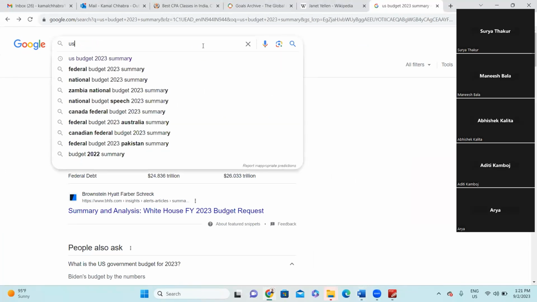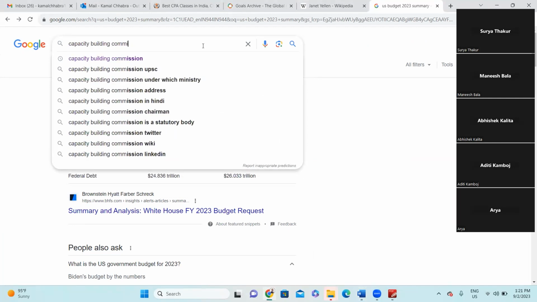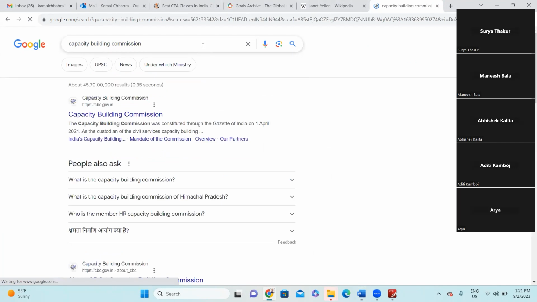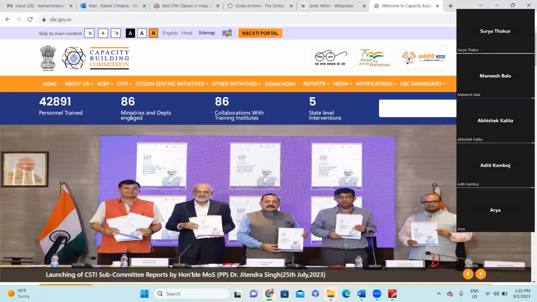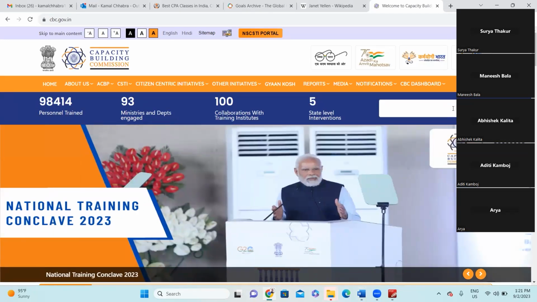So in India, there's a commission, same way like I'm sure you might have heard of UGC. Have you heard UGC? University Grants Commission. So what does UGC do? Sir, it basically regulates the universities in India.